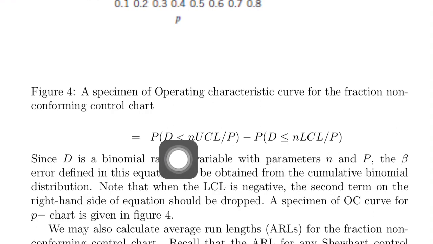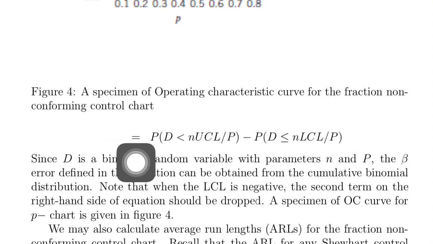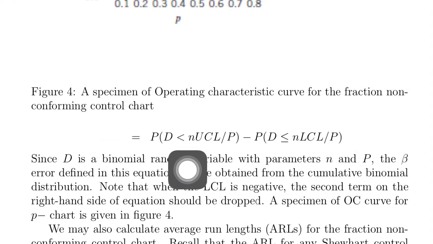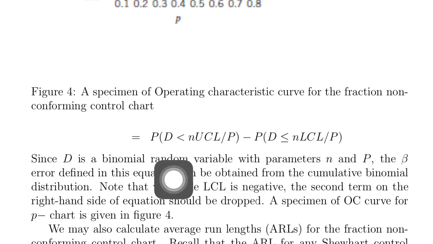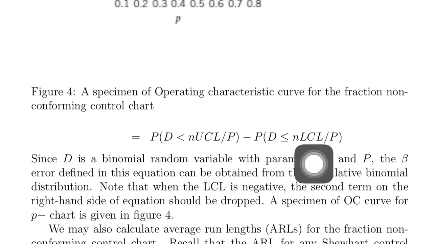So beta of P will be equal to the probability that D is less than n times UCL given P when LCL is negative. We will set LCL as 0 and then we can compute this probability. If LCL is positive, no problem, you can use the same formula.